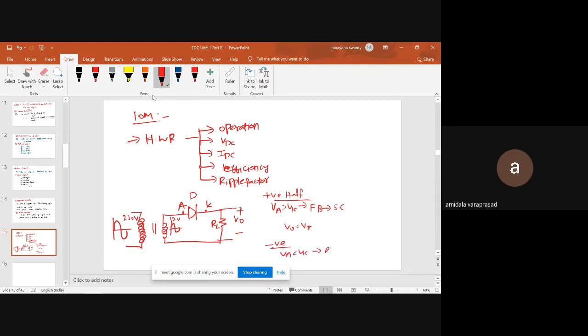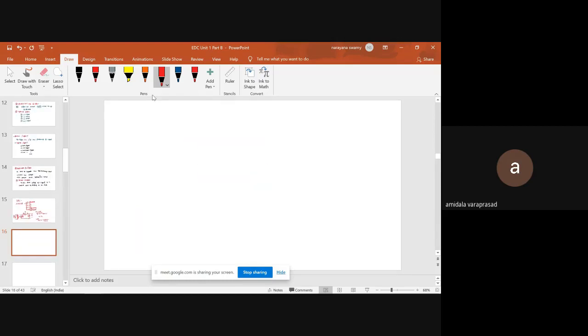Then the diode is in reverse bias, open circuit. Then V naught is equal to 0 volts. Then we can draw the signal against omega t: V naught of omega t. For positive half cycle we get the signal. For negative half cycle, it's 0 volt. This is half wave rectifier.